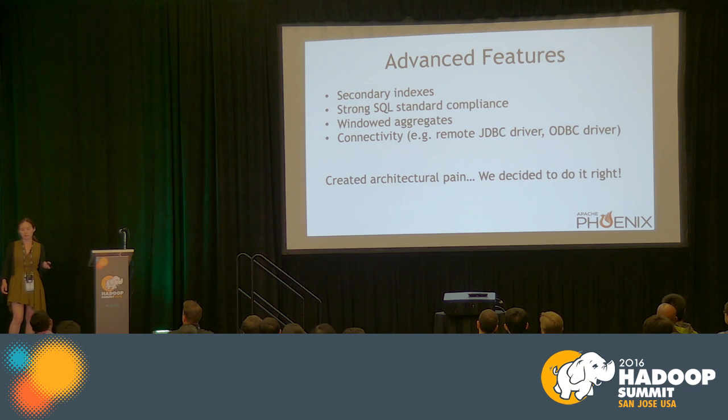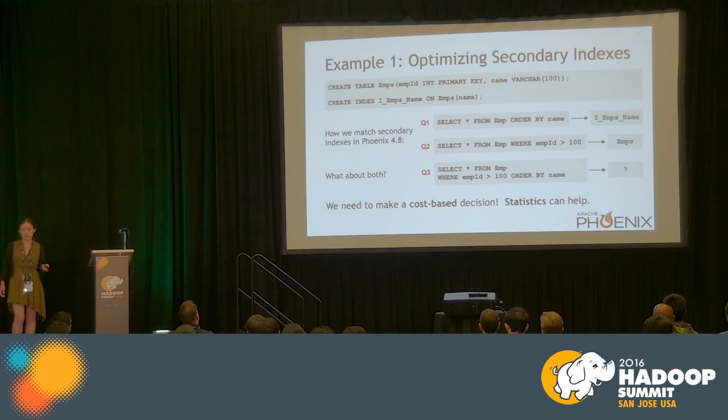So these are awesome features to have in Phoenix, but they've also created some architectural pain that has made us think we need to have something new. For example, right now Phoenix does have some matching strategy to figure out if an index table should be used in place of a data table.